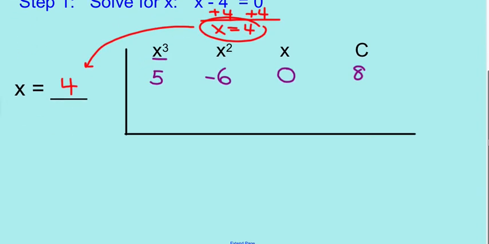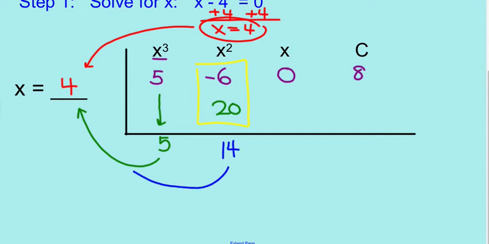The first step with synthetic division is to bring down that first number, 5. Now we multiply. 5 times 4 is 20. Now add the column, add these two numbers together. Negative 6 plus 20 is 14. Multiply 14 times 4 is 56.